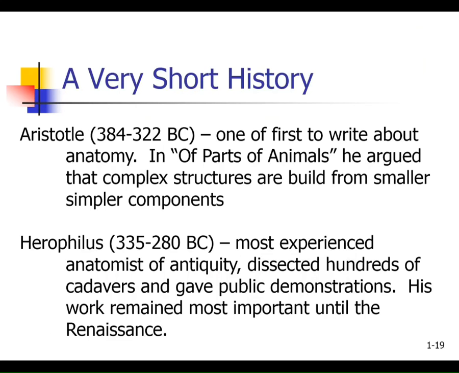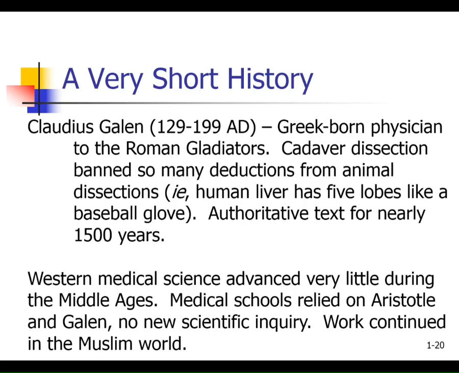Galen comes along. He is after the time of Christ, and he was a Roman who, at this point, started doing dissections, but they thought that human dissections in public were too gory, and so now we were using animals to model humans. Now, when we do the fetal pigs later this semester, you'll see that, yeah, there's a lot of similarities, right?